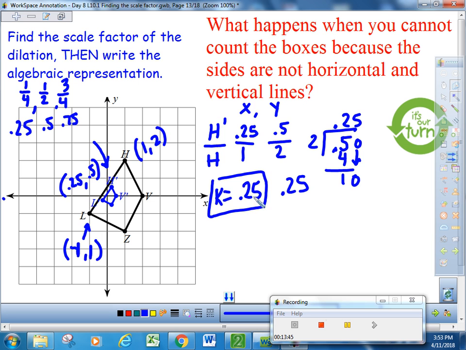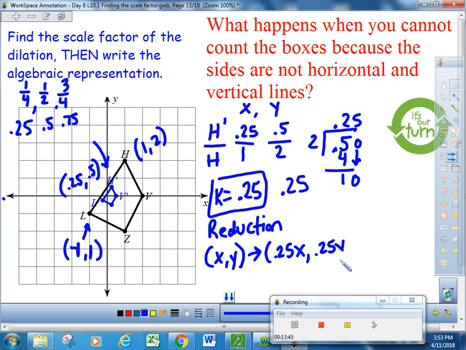Now, your scale factor is between 0 and 1, so this is a reduction. And I can write my algebraic representation. XY becomes 0.25x and 0.25y.